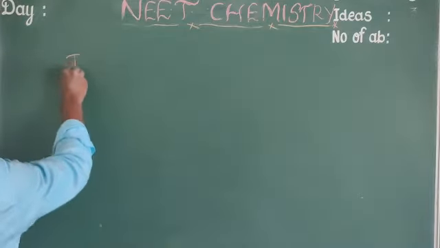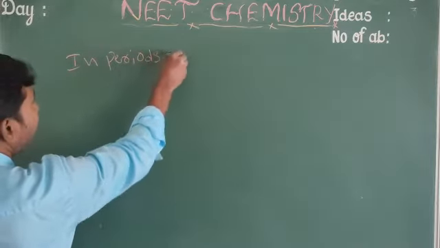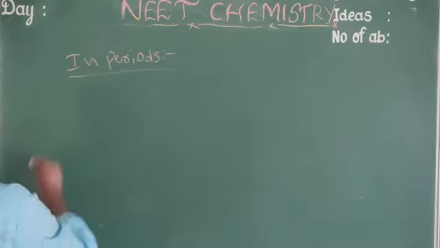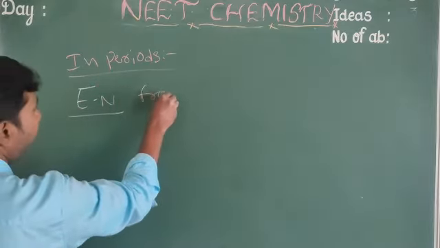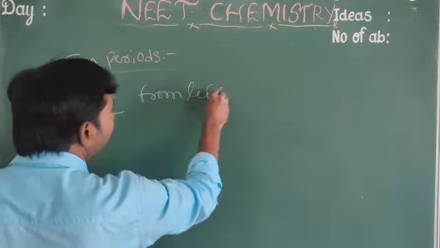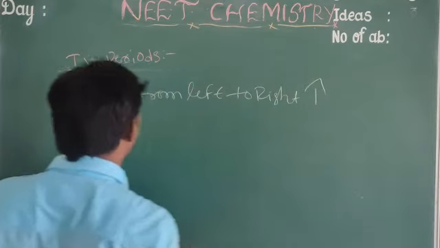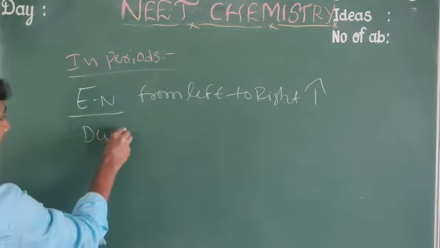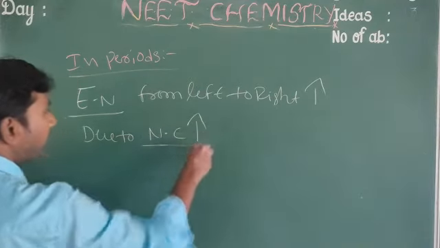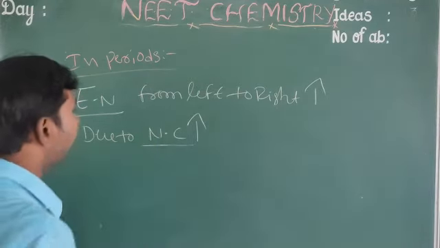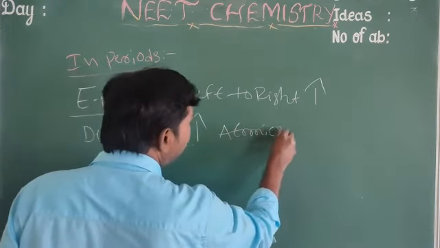So in periods, electronegativity from left to right increases, due to nuclear charge increasing, atomic size decreases.